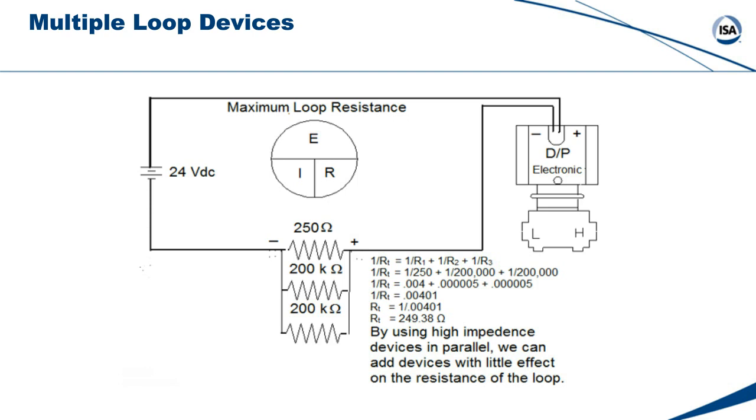We need 1 to 5 volts at our analog input, and if we put 2 other devices on at 200K ohms apiece, we're only going to affect the total resistance of the loop by about 0.25%, which is probably okay. So these 200K ohm resistors are not for the analog input. They're for additional devices that are powered by the analog loop.